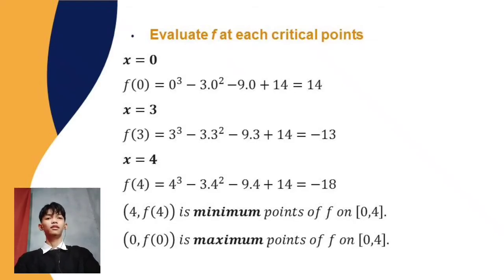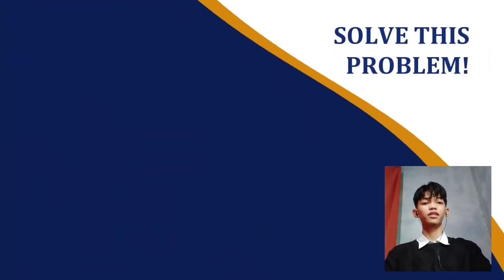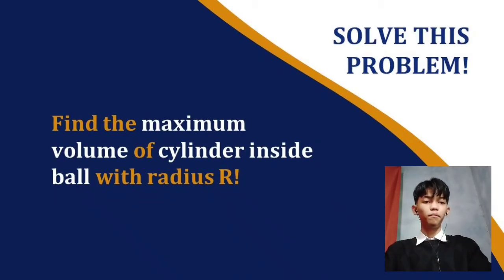And then f of 0 is the biggest value among the critical points, so f of 0 is the maximum value of f on the closed interval from 0 to 4. Okay, that is the first exercise. I hope we got a big picture from my material.